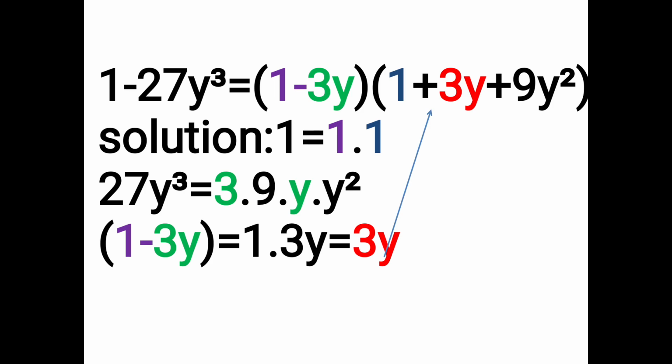Let us have another example, 1 plus 27y cubed. First we extract the cube root of 1, which is 1 times 1. Then 27y cubed gives 3y and 9y squared.